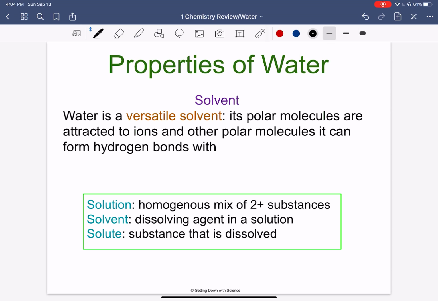Now we have a couple different terms right here. A solution is just a mixture of substances. The solvent is what's doing the dissolving. In this case, that's water. The solute is the substance that's being dissolved. That would be something like sodium chloride, table salt. Okay, if you're going to put salt in water, it dissolves.